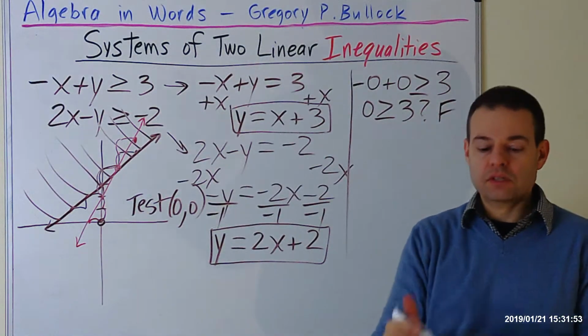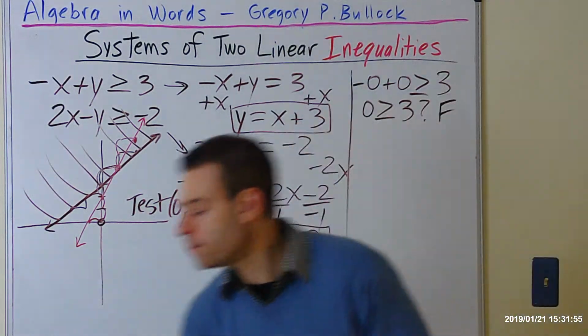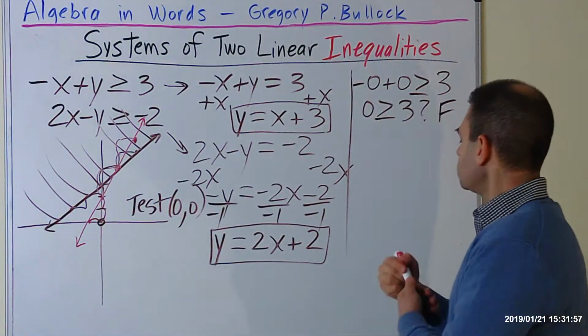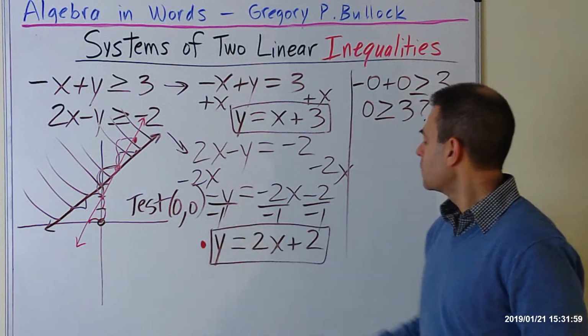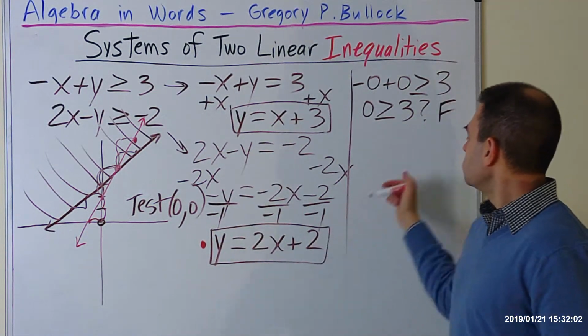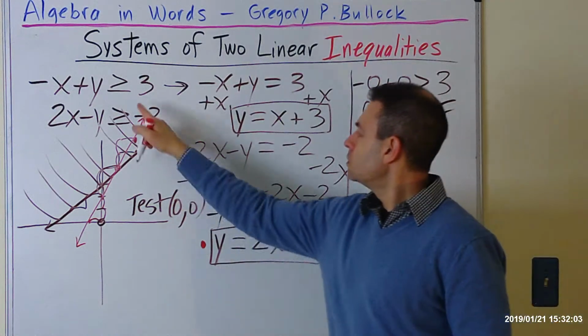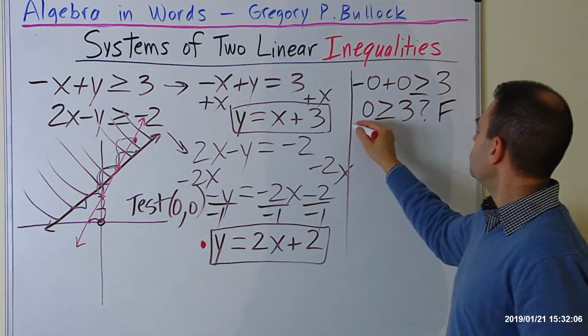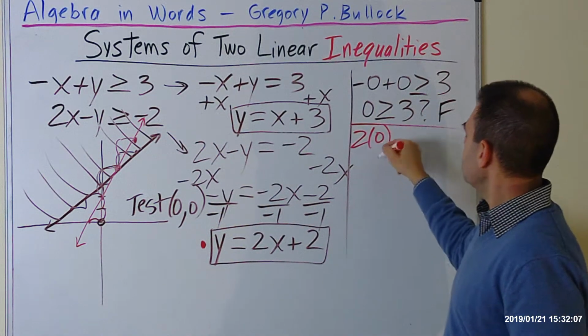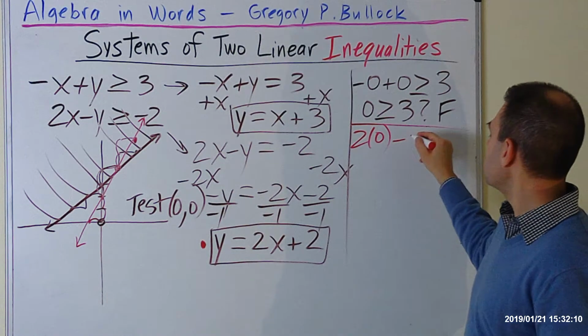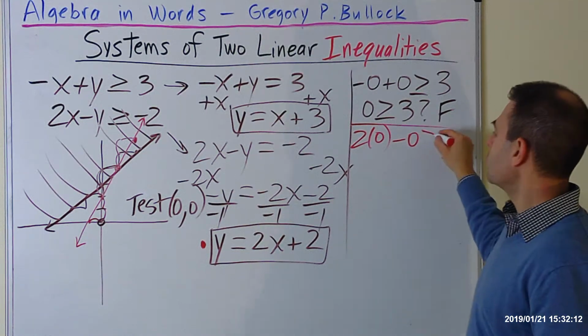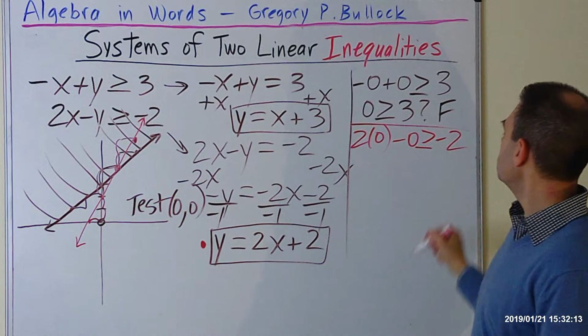And now let's do the same for the other line. We're going to do 2 times 0 in for x minus 0 in for y greater than or equal to -2.